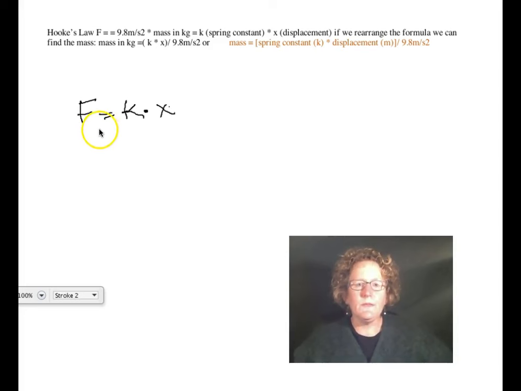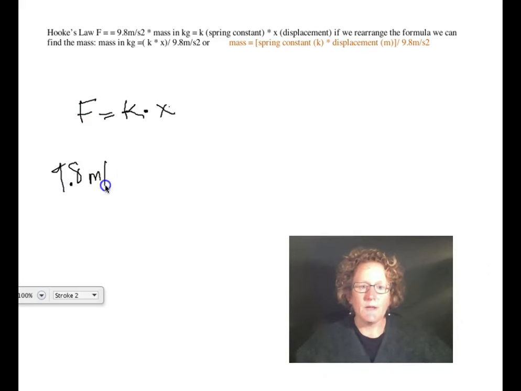So we know that this is the basic formula for Hooke's law. The force in newtons is equal to the spring constant times the displacement, or how far the spring stretches when you put the mass on it. We know that we can calculate force by multiplying 9.8 meters per second squared times the mass in kilograms.